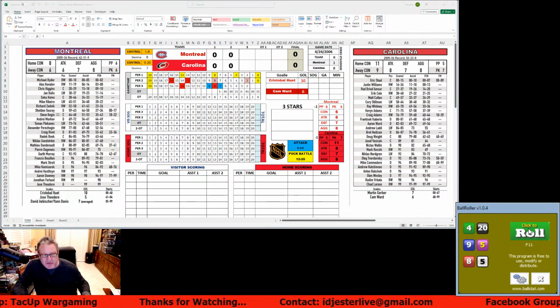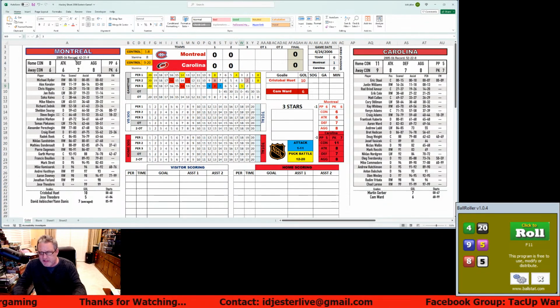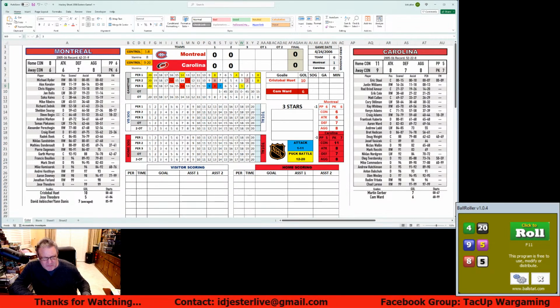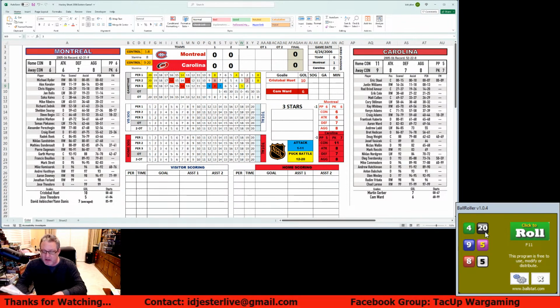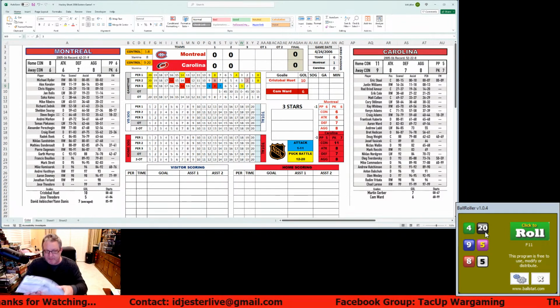Roll the dice. We go to 4, so there's 3 minutes left. 3 minutes to go and we still have no score. And we're looking at the dice here. 20, which means it's a puck battle. Another puck battle.